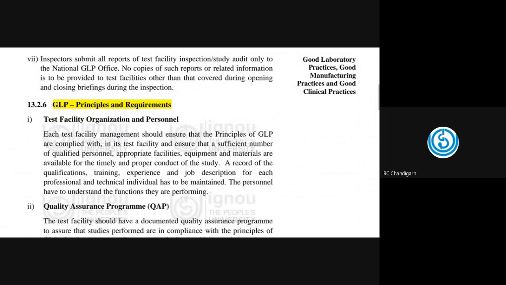GLP principles and requirements. Test facility organization and personnel. Each test facility management should ensure the principles of GLP are complied with in its test facility and ensure that a sufficient number of qualified personnel, appropriate facilities, equipment, and materials are available for timely and proper conduct of the study, and a proper record is maintained for every conduct which is being done in that facility.